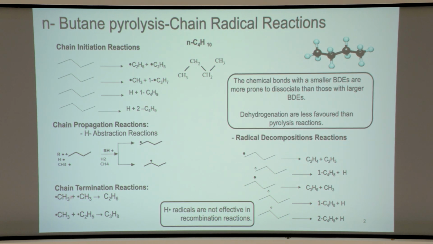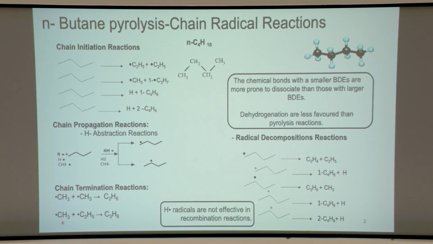And finally, termination. Termination is the recombination of 2 radicals to form a neutral. So what are the different radicals? We had radicals like ethyl and methyl and H, and then radicals related to the fuel. One potential termination reaction is methyl plus methyl forming ethane.